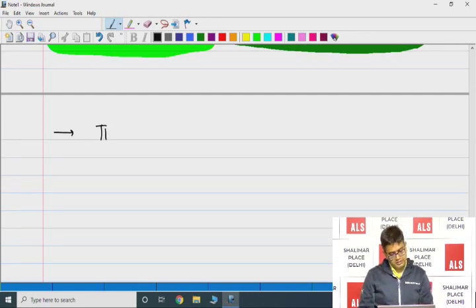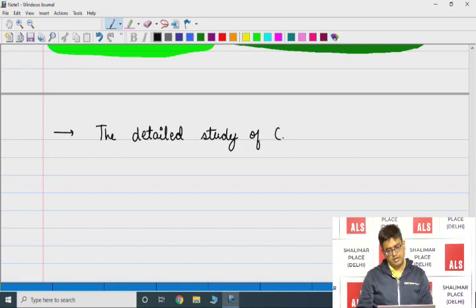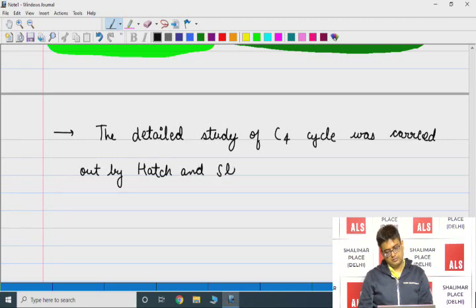The detailed study of the C4 cycle was carried out by Hatch and Slack. So it is also called the Hatch-Slack pathway.